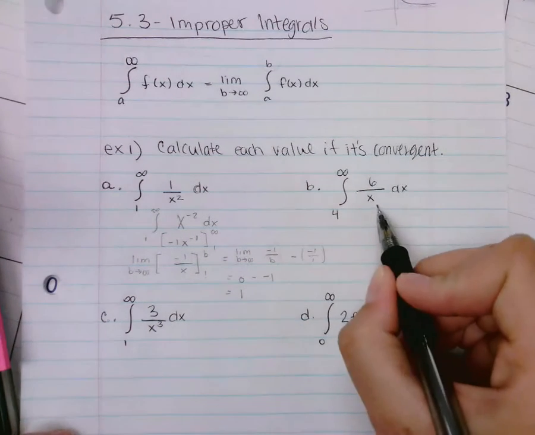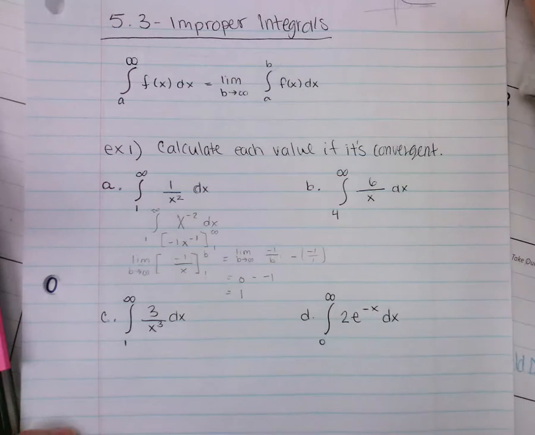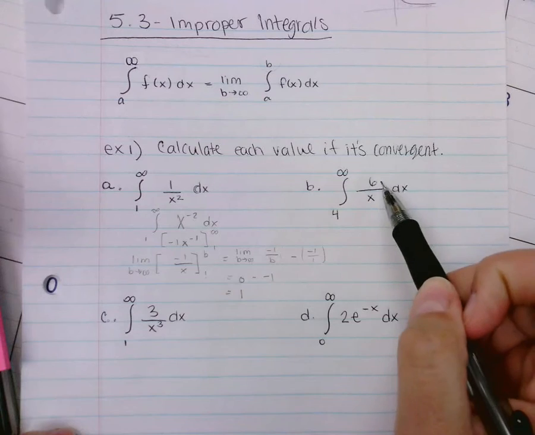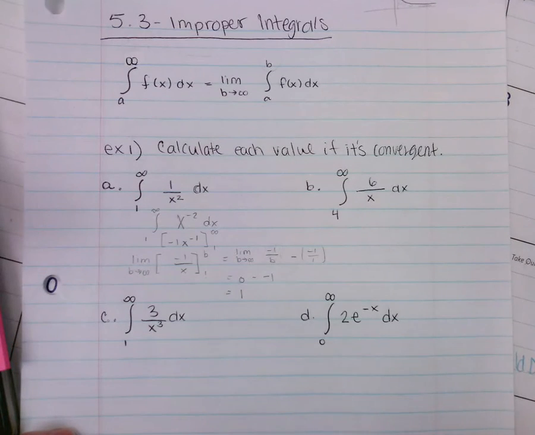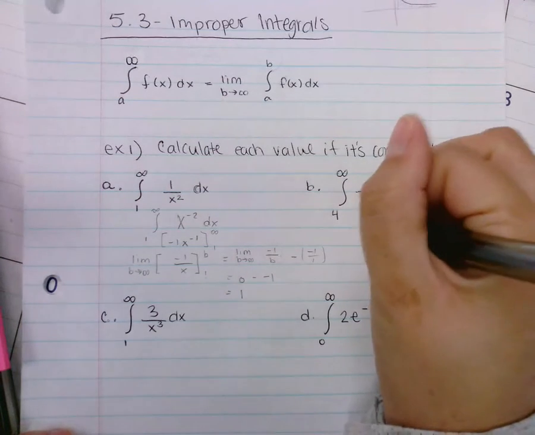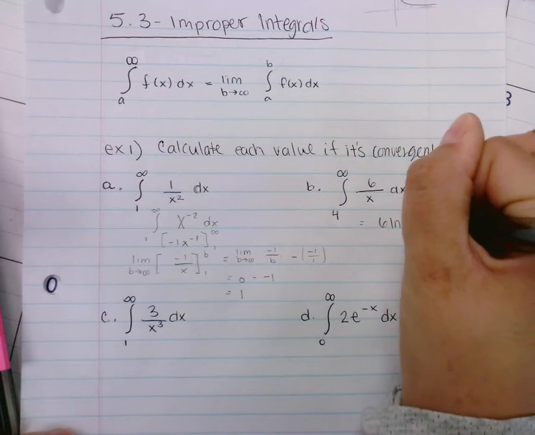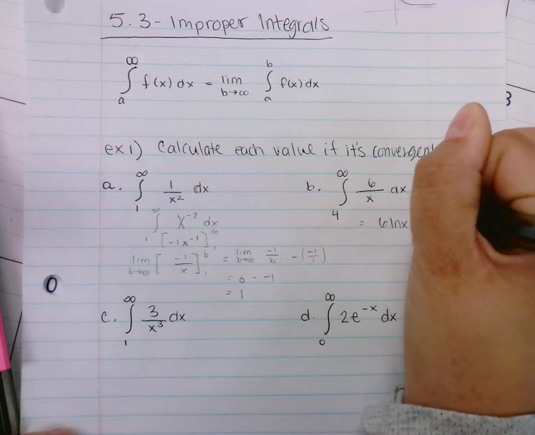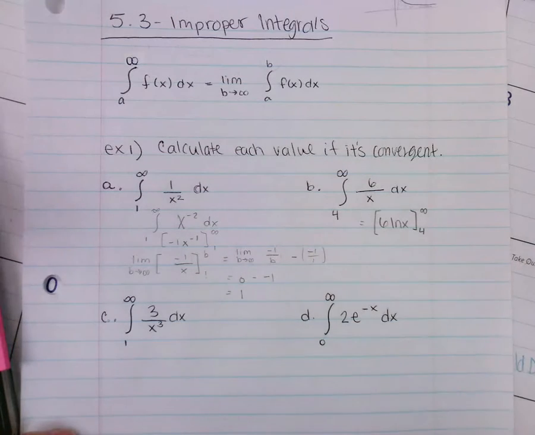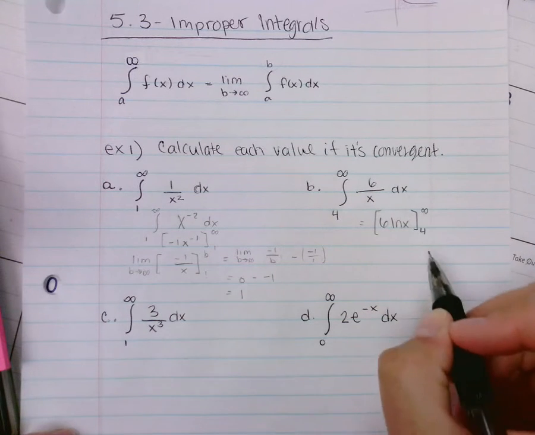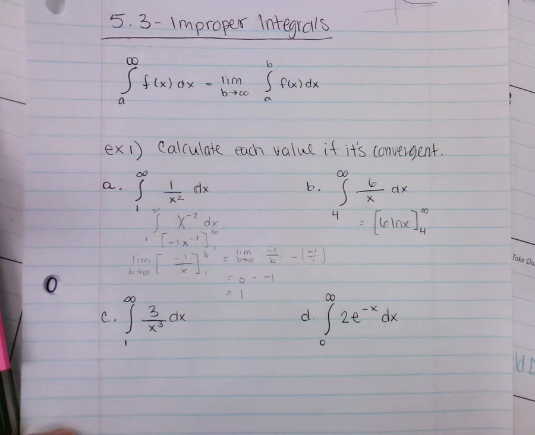Okay, now look at this one. How do we integrate 6 over x? Can we use natural log of 6x? Well, 6 natural log x. That's right. It's still natural log. Now, what happens if you plug infinity in here? What's the natural log of a really big number?